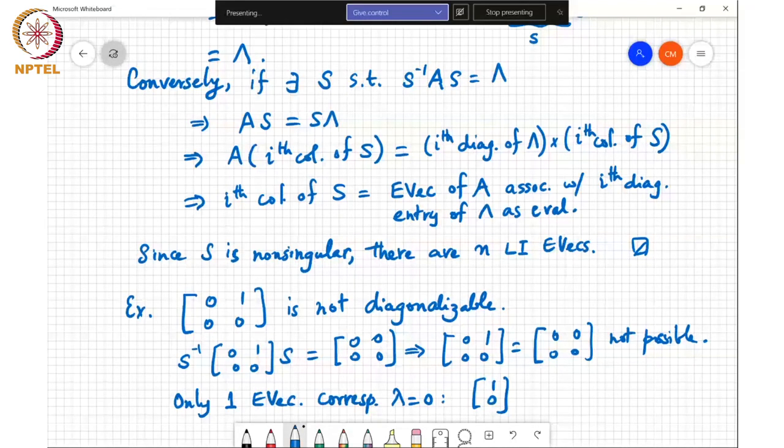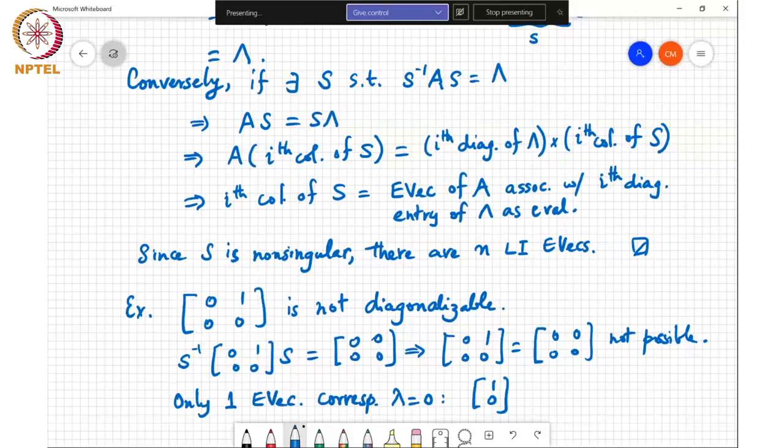So we see that the number of linearly independent eigenvectors of a matrix that you can find corresponding to an eigenvalue can be less than the multiplicity of the eigenvalue. The multiplicity of the eigenvalue 0 in this matrix is 2.